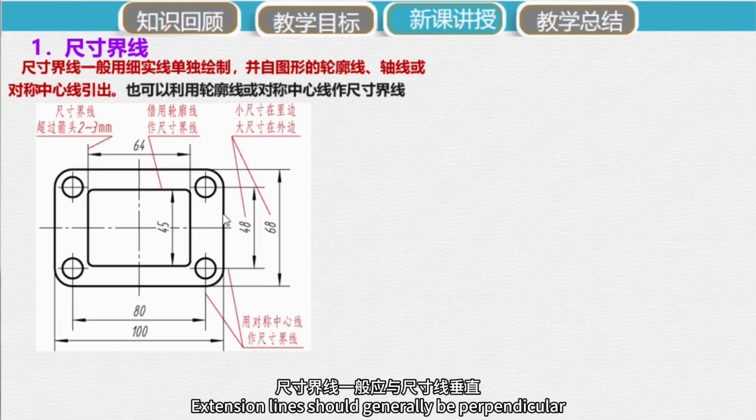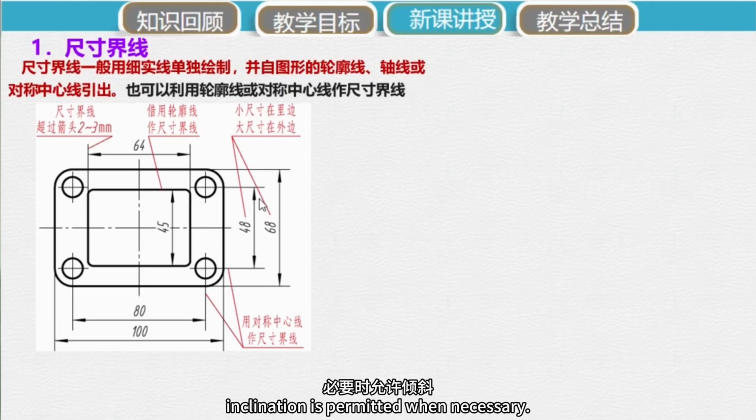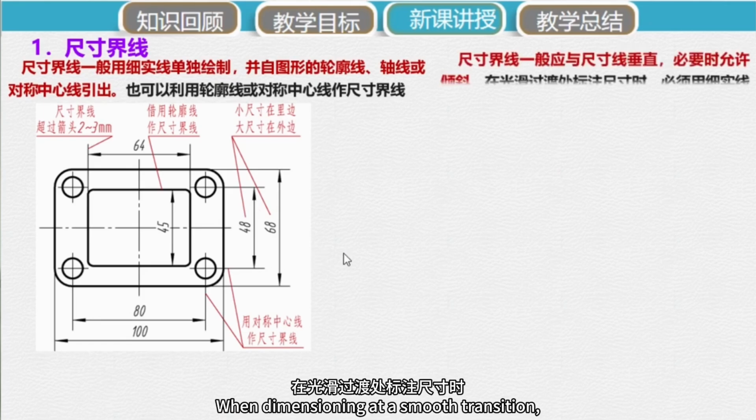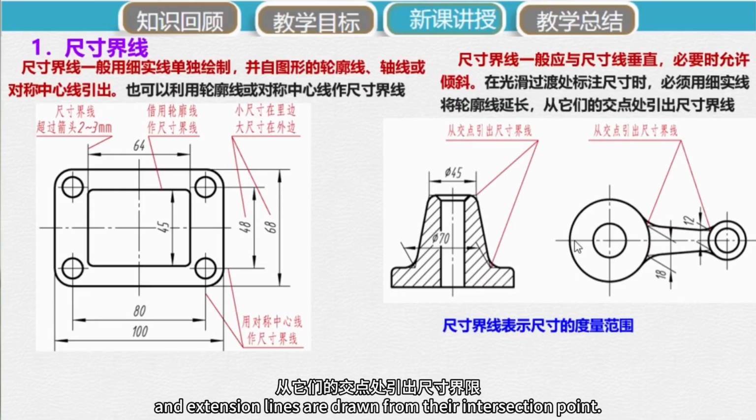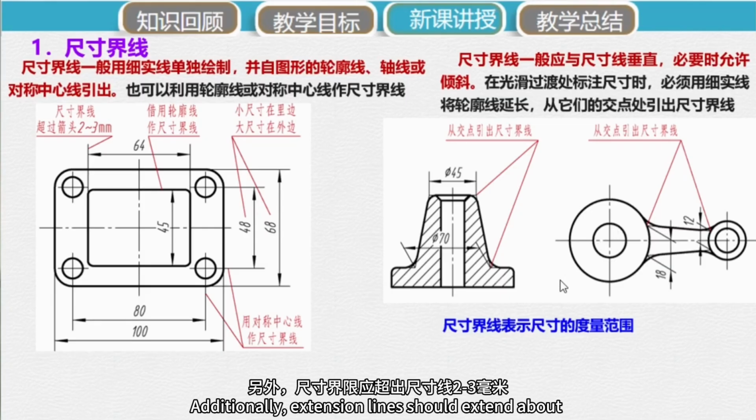Extension lines should generally be perpendicular to dimension lines. Inclination is permitted when necessary. When dimensioning at a smooth transition, the outline must be extended with a thin, continuous line, and extension lines are drawn from their intersection point. Additionally, extension lines should extend about 2 to 3 mm beyond the dimension line.